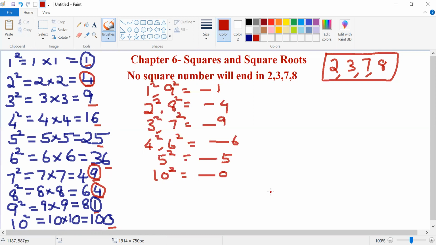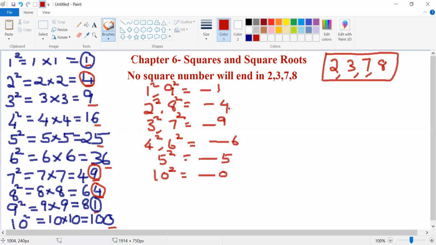So from this, what we understood is, if any number ends in 1 or 9, then its square will end in 1. Similarly, if a number ends in 2 or 8, its square will end in 4.